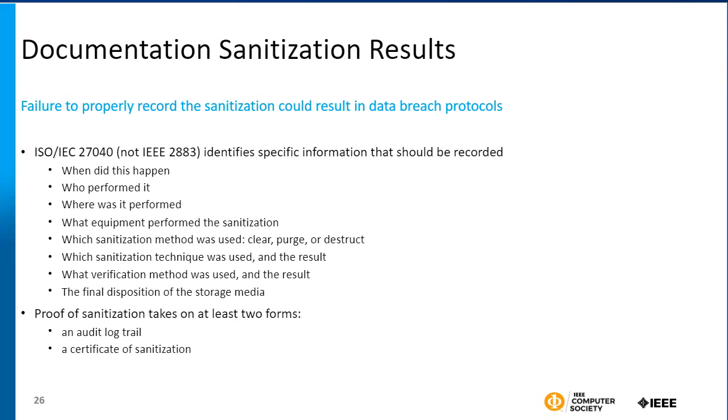The 27040 tries to help with this in terms of what you would potentially need to capture, at least in terms of the record, or as we call it, the evidence of the sanitization. And so when did you do it? Who performed it? And the list is pretty straightforward. There shouldn't be any really surprises here.